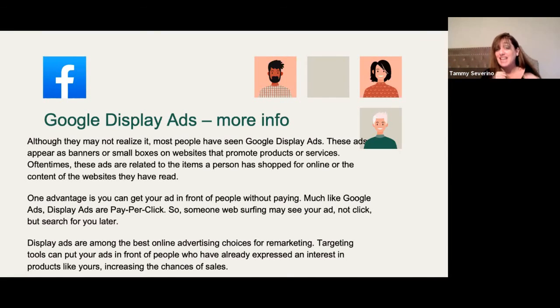So it's for both products and services, because it is an incredibly, incredibly effective advertising choice. Targeting tools can put your ads in front of people who have already expressed an interest. So they're not a cold ad, it is a warm ad. And that means your chances of closing a sale are much increased. And that's why this is such an effective tool.